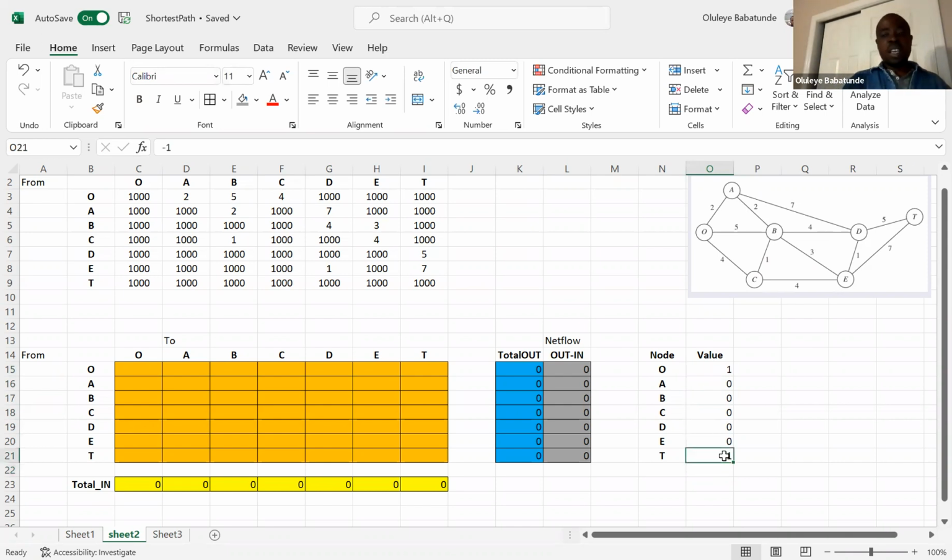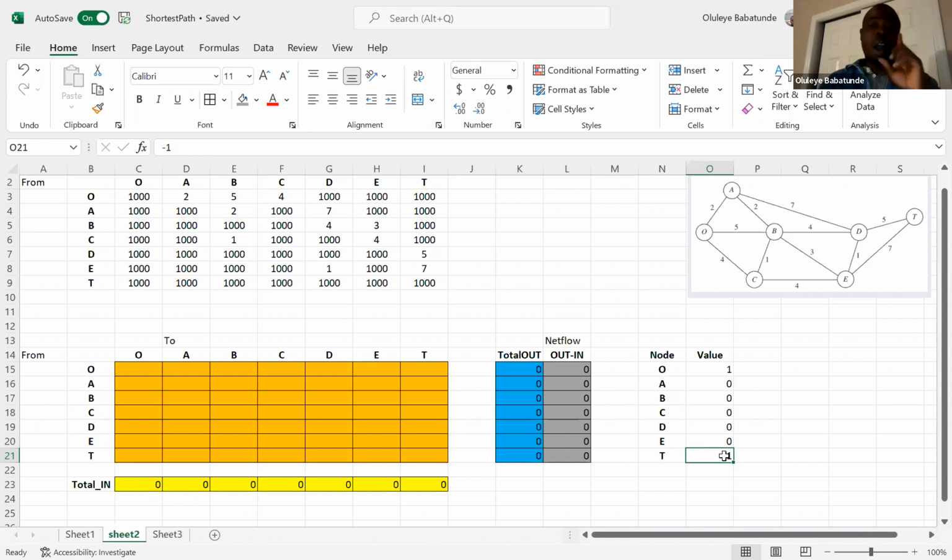Entry, exit. So you need to use 1 and -1 to show that the first one is the entry and the last one, T, is -1. Okay, so that's how you put a shortest path network problem for shortest distance into Excel Solver.